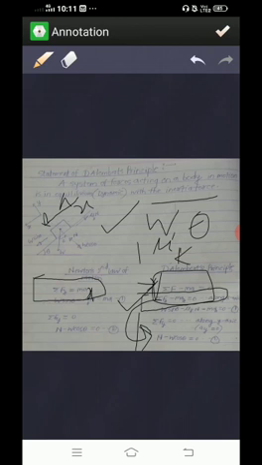Summation of F of y is equal to 0. Here, why don't we take summation of F of y minus m a y? Because here a y is 0. There is no acceleration along y direction. So your second equation is N minus W cos theta is equal to 0. So this is D'Alembert's principle. Remember it.